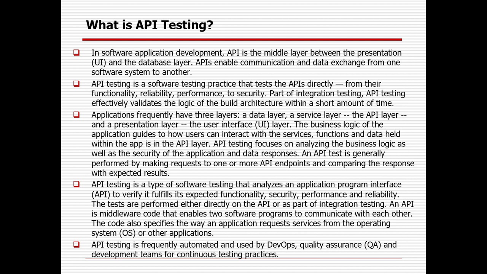An API is middleware code that enables two software programs to communicate with each other. The code also specifies the way an application requests services from the operating system or other applications. API testing is frequently automated and used by DevOps, QA engineers and development teams for the continuous testing process.